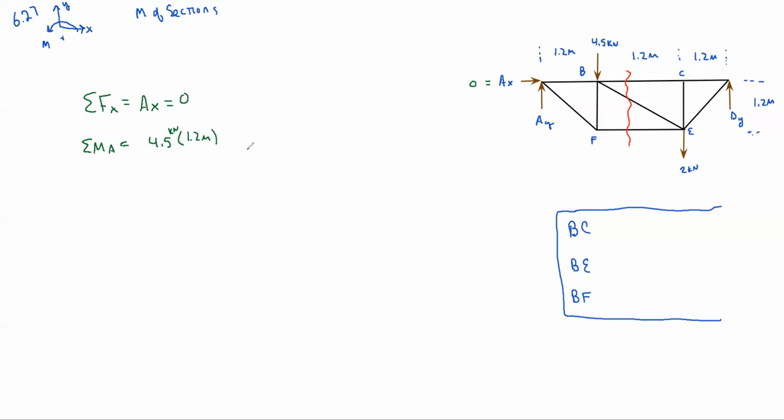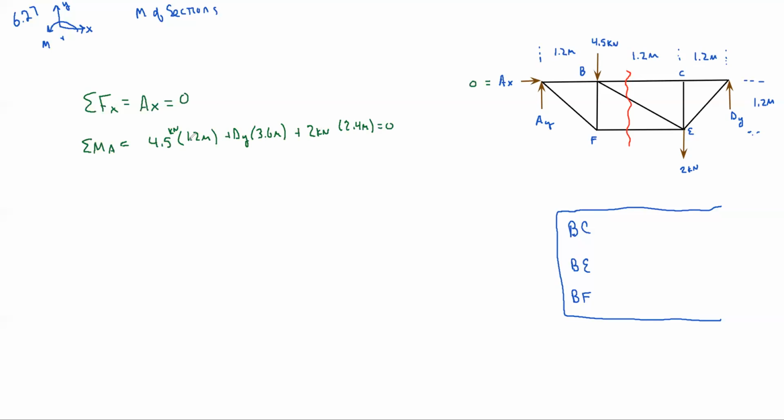Continuing around, the next player is DY, which is 1.2, 1.2, 1.2, 3.6 meters away as its perpendicular distance from point A. And then finally, the 2 kilonewton external force at point E, which is 2.4 meters away.